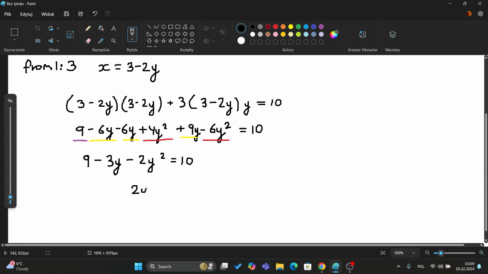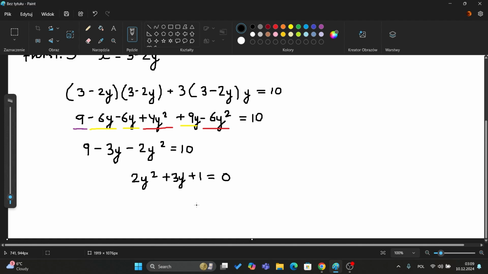So that will be 2y squared plus 3y plus 1 equals 0. And now we can use one of the methods, factorization, quadratic formula, or completing the square, to solve the following.